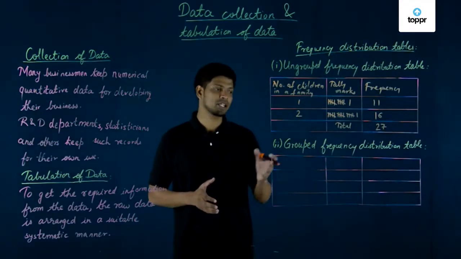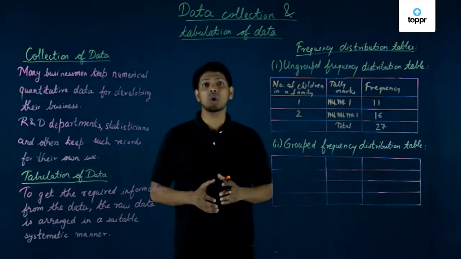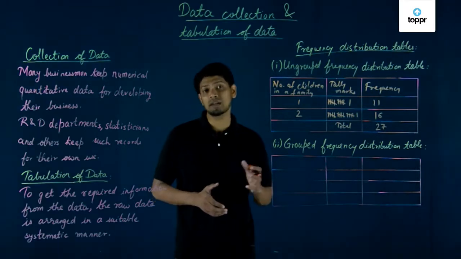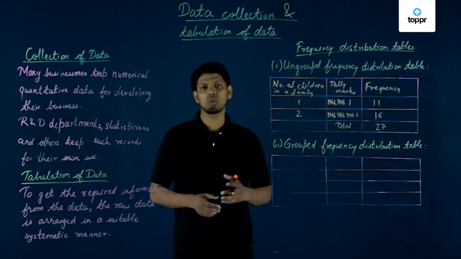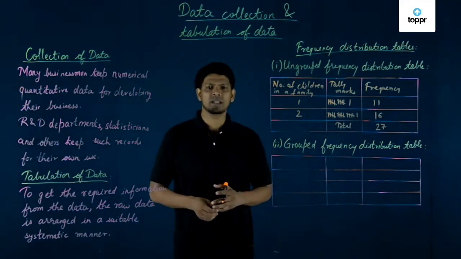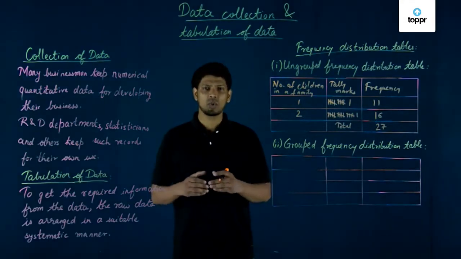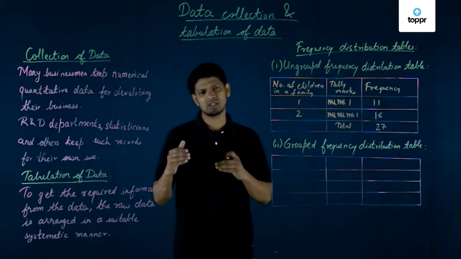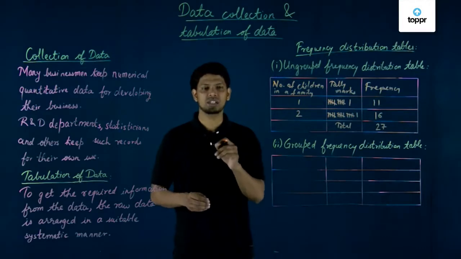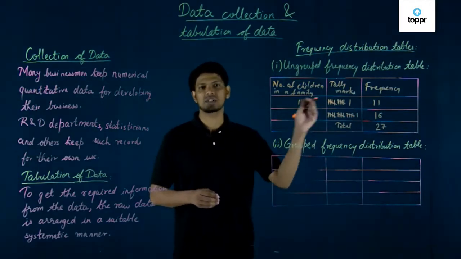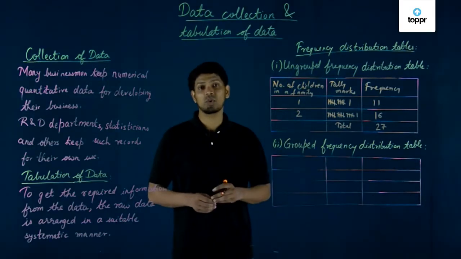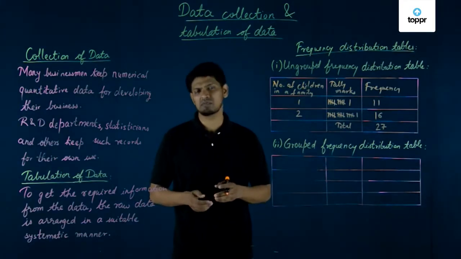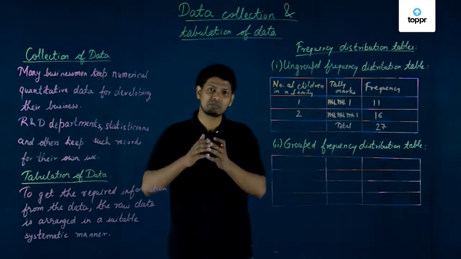Now let us see the grouped frequency distribution table and when it is required. For example, you are conducting sports in your school or colony. There are different age groups, and it is difficult to list every age separately. For example, you put 16 years, so you will have a list of 16-year-old boys, then 17 years, then 17, 16, 15, 18, and the list will go on.